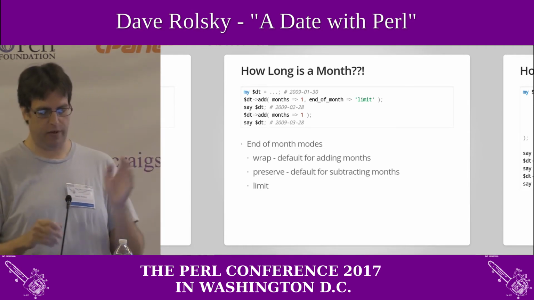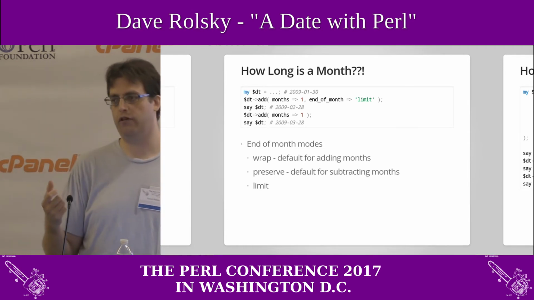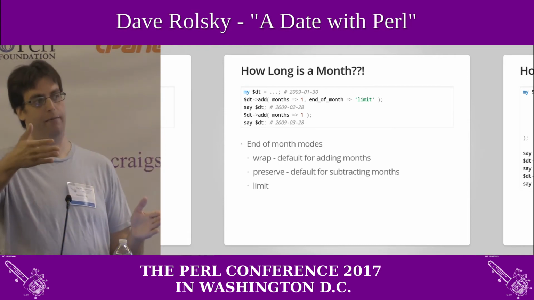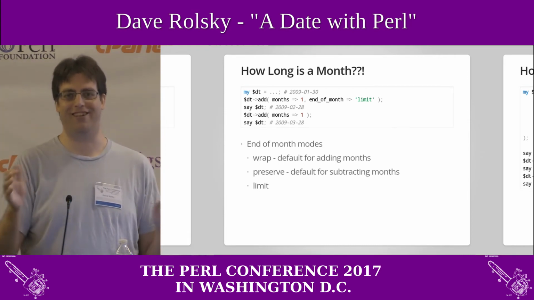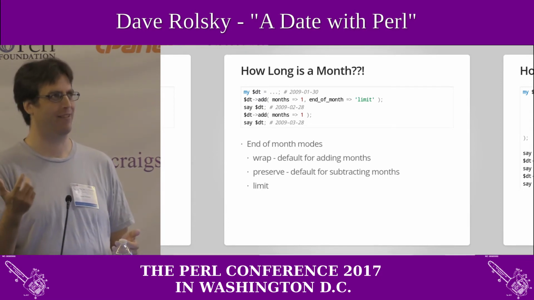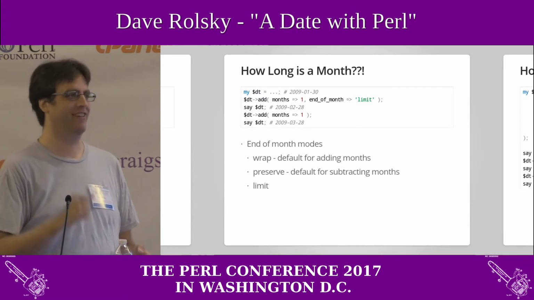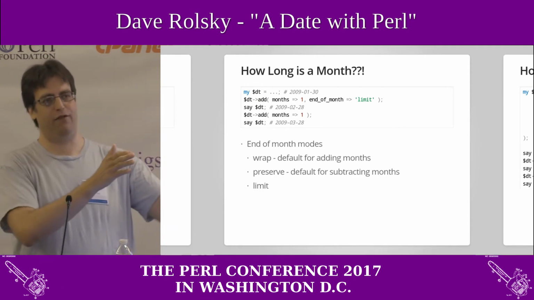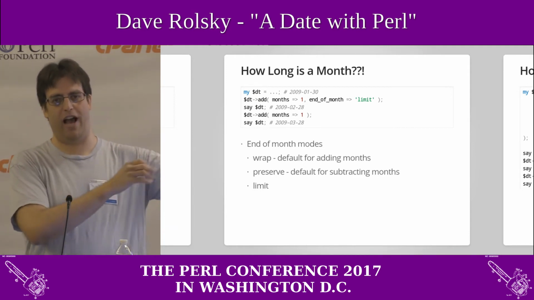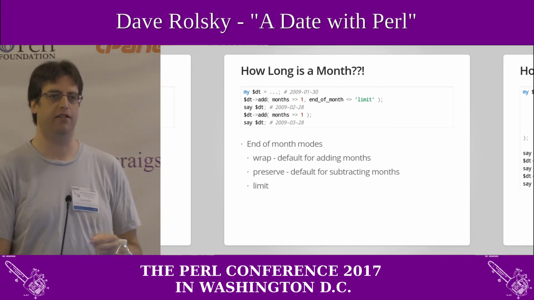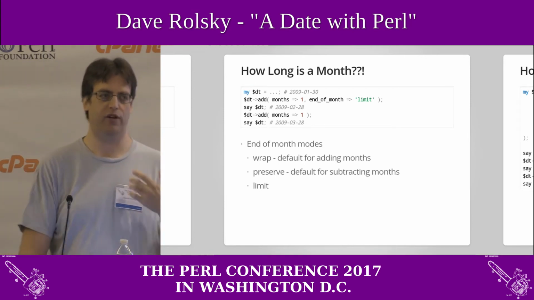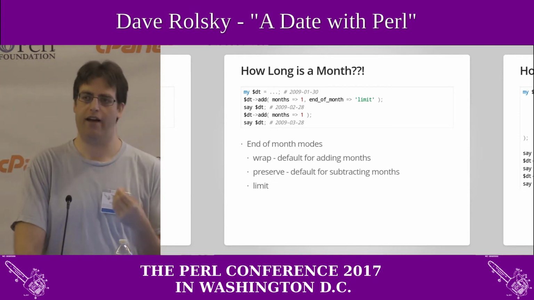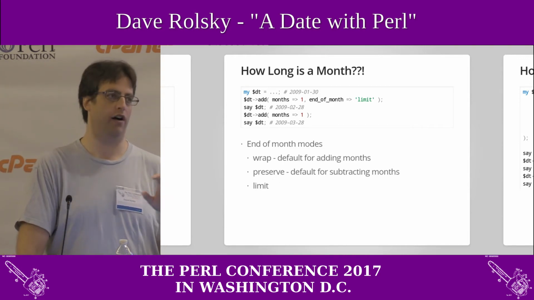The difference between limit and preserve is that with preserve, if it's the last day of the month, like February 28th, and you add a month, you'll get... I don't know how many days are in March, is it 30 or 31? 31, okay. We can all sing the song. If you use preserve and you add 1 month to February 28th, you get March 31st. So again, this is just a problem with the domain. You have to decide what you want to do.